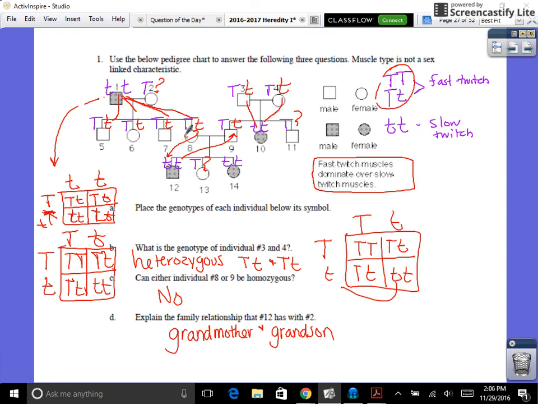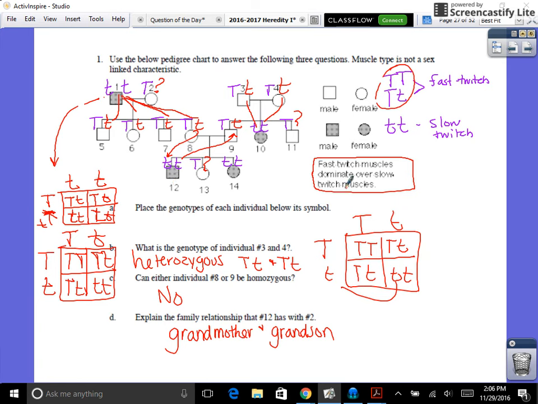And if you go down to 8 and 9, again, they had offspring, and I drew arrows here to show they had to have contributed the recessive allele. Number 13 and number 11 are also question marks because we're not exactly sure. We can't really prove if they're homozygous dominant or heterozygous. And if you take a look at D, what's the relationship 12 has to 2? That's going to be grandmother and grandson.